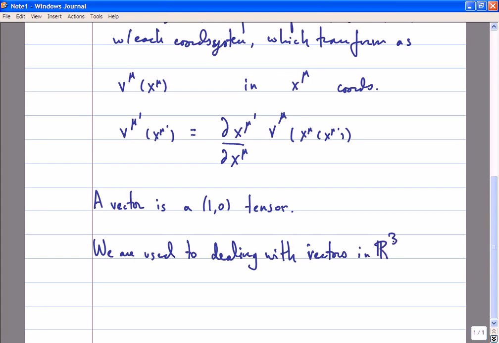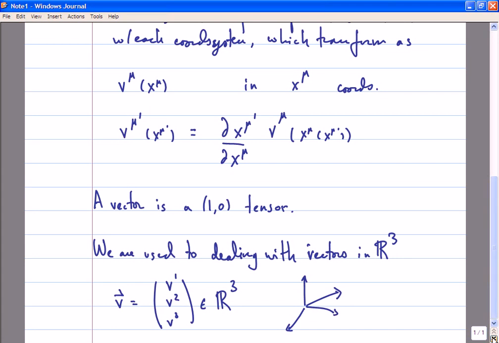So what do we mean by a vector in three-dimensional Euclidean space? Well, we usually write a V with a little vector symbol over it, which stands for a column vector of 3 quantities. And we usually think of that as a little arrow, if you like, pointing away from the origin.